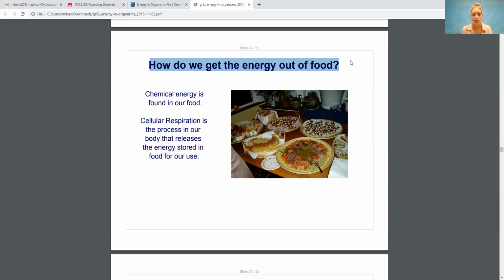So chemical energy is found in our food, and cellular respiration is the process in our body that releases the energy stored in food for our use. So go ahead and write that down. We know that that food is chemical energy, and cellular respiration is the process of getting the energy.